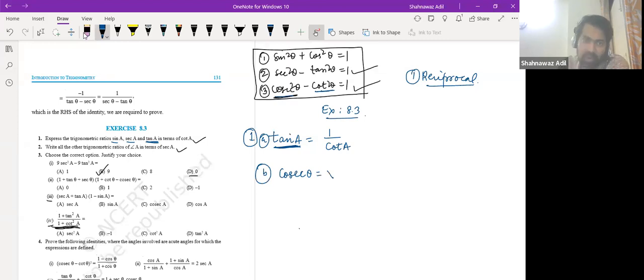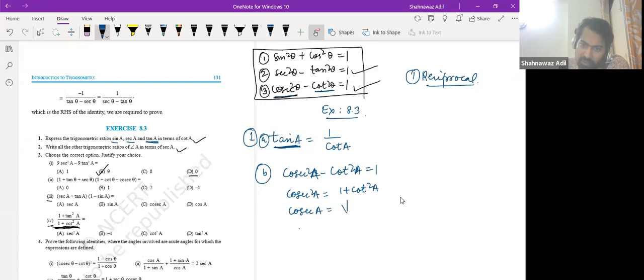Let me first write the identity, and then we will write this as A. So cosec square A is 1 plus cot square A. So cosec A is how much?